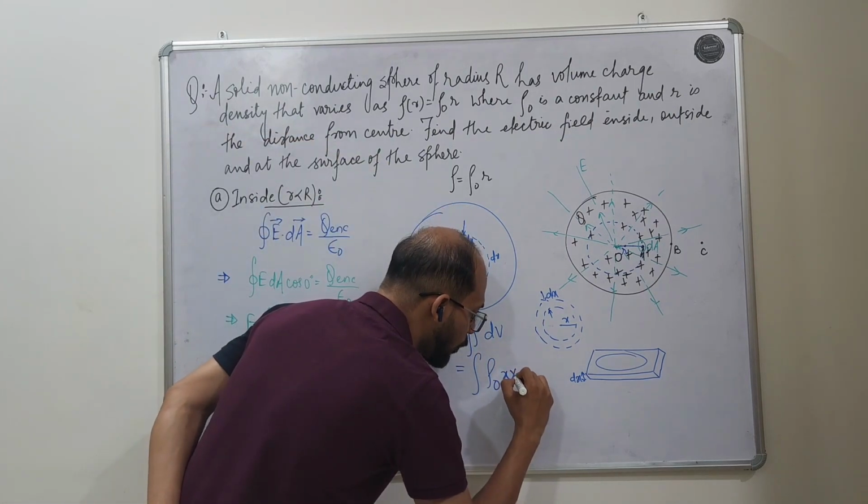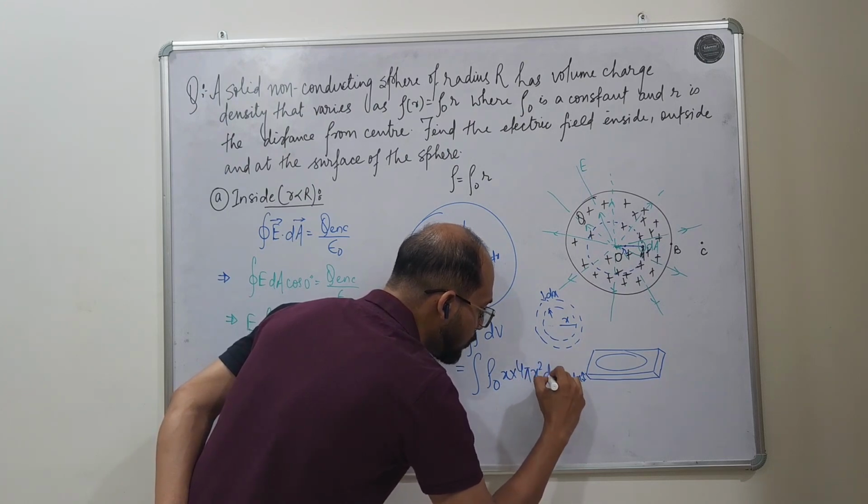So what will be the volume? Volume will be 4 pi x square into dx.